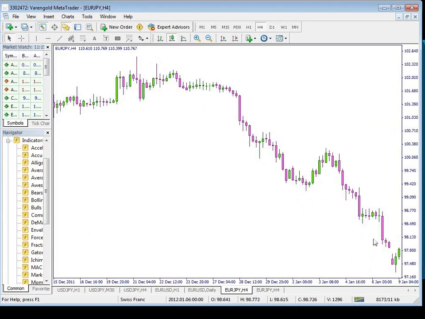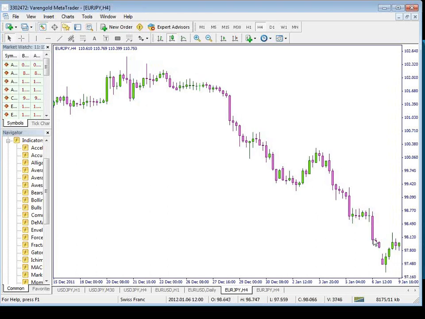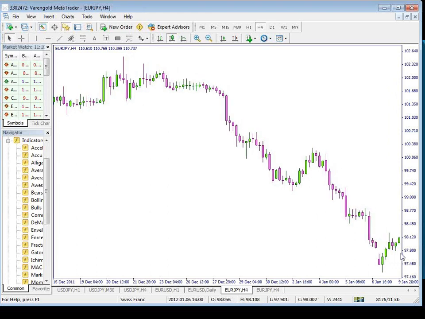On 6th January, around 3 o'clock in the afternoon, my time, in this area, I entered into one trade. So here was my entry.